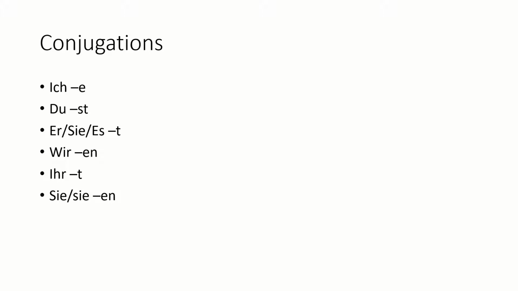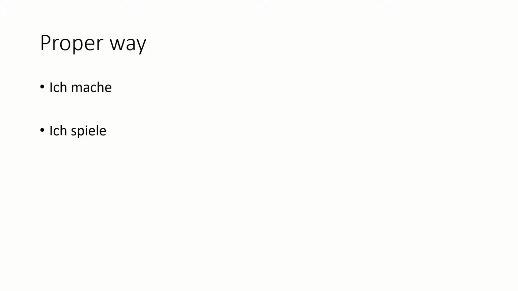For ihr, you also add a t. And then for sie and Sie, the they and the you formal, you add an en to the end of the stem. So the proper way for ich, you add an e to the end. So you get ich mache and ich spiele. You add the e to the stem to get the proper form.